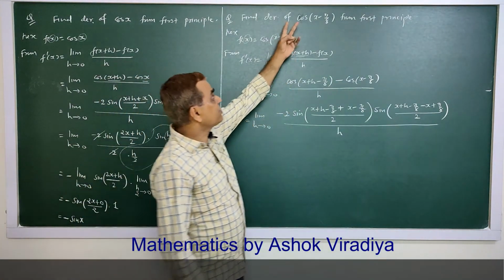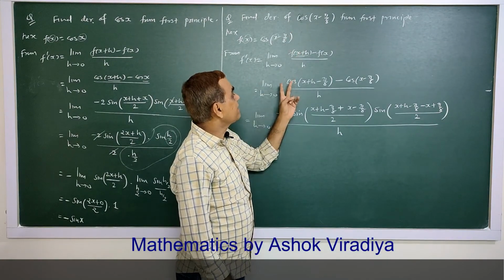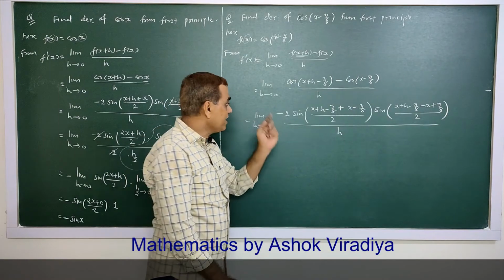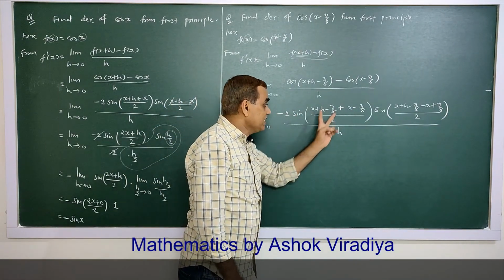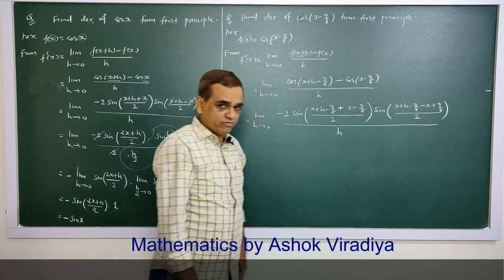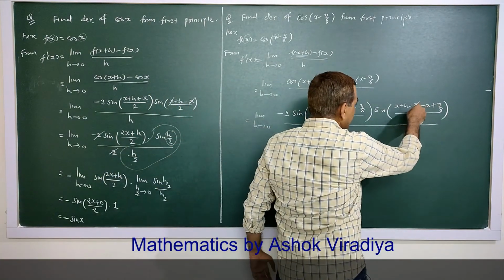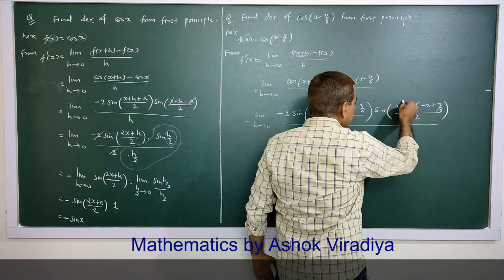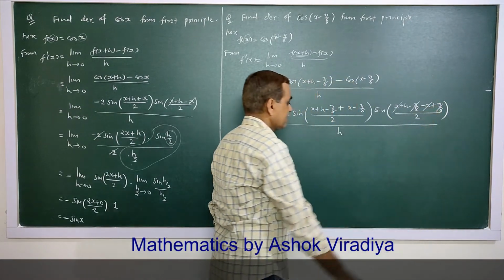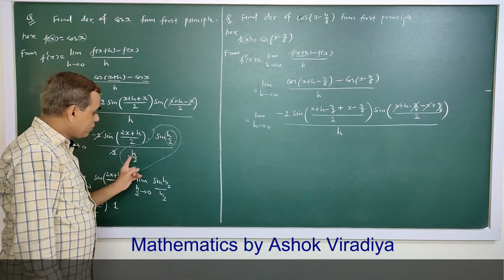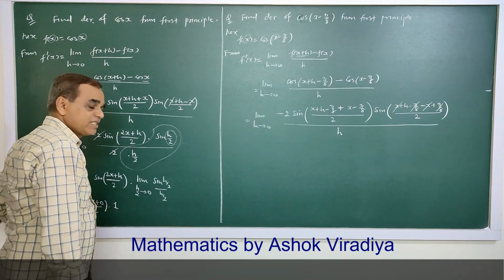If you are given a sine function, then you will have sine c minus sine d, and in that case you have to apply 2 cos (c plus d) by 2 sine (c minus d) by 2. Now look here, minus pi by 8 plus pi by 8 is cancelled, x is cancelled. Again we are getting sine h by 2. So the procedure will be similar to this.